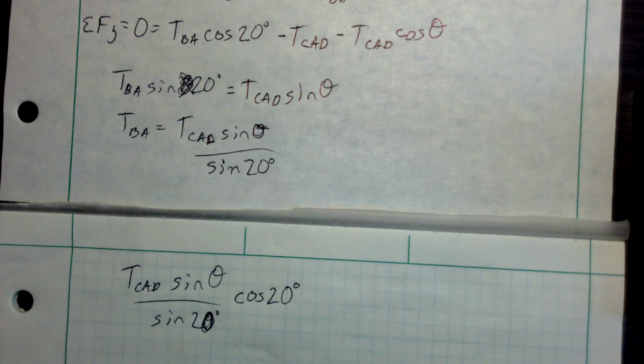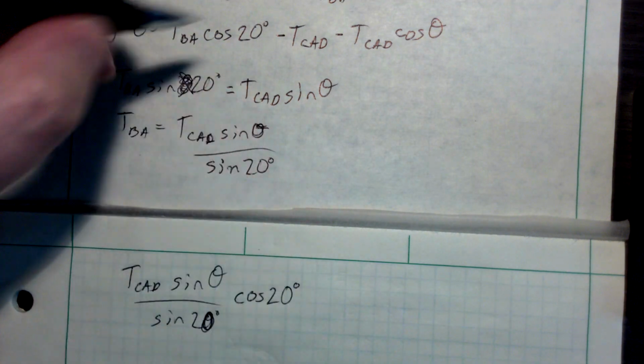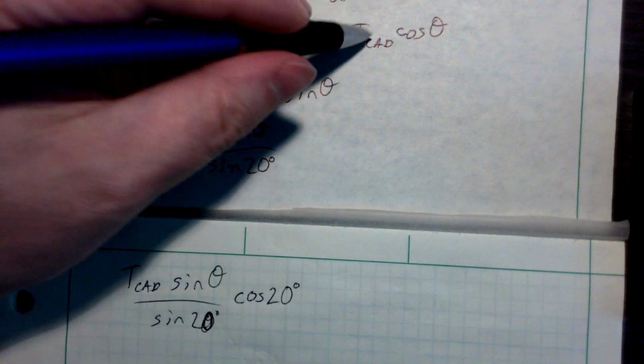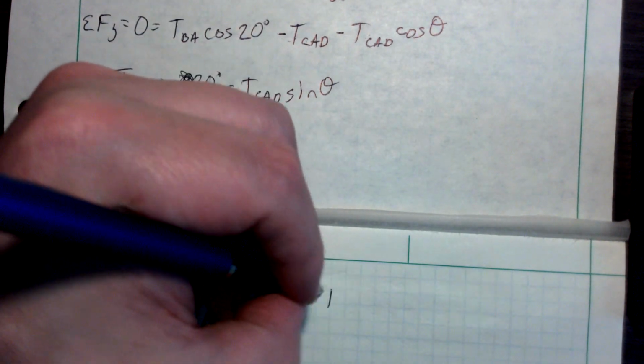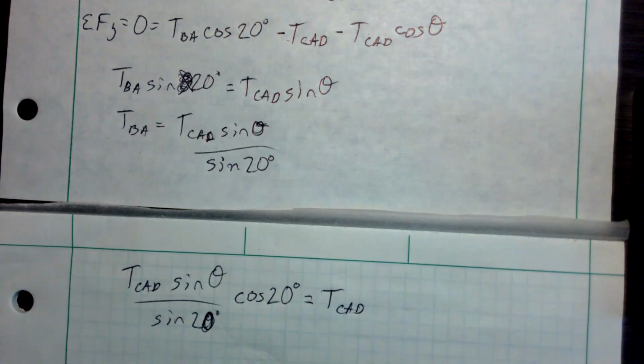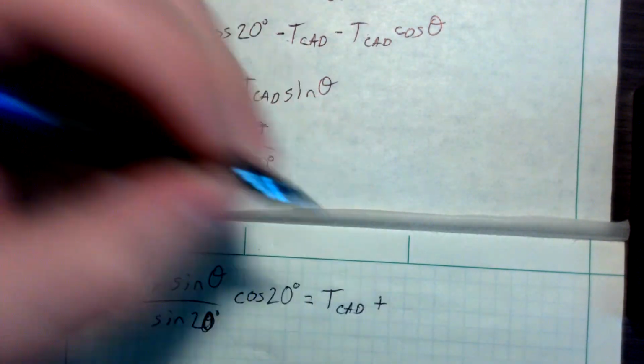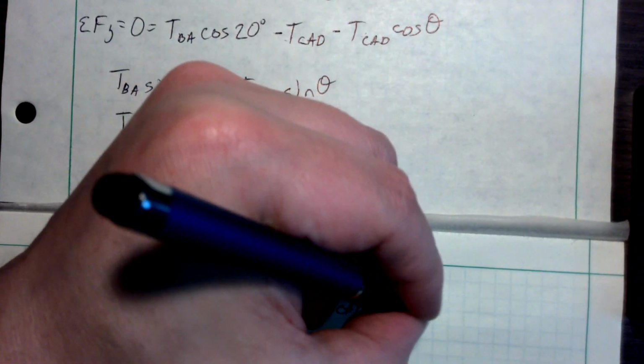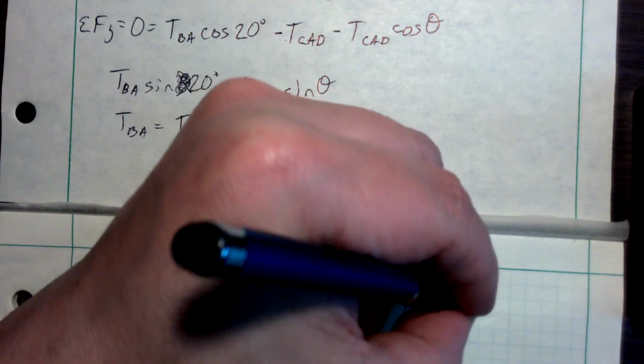And that's going to equal then, I'm going to move these two terms to the other side of the equation, so that's going to equal T_CAD plus T_CAD cosine theta.